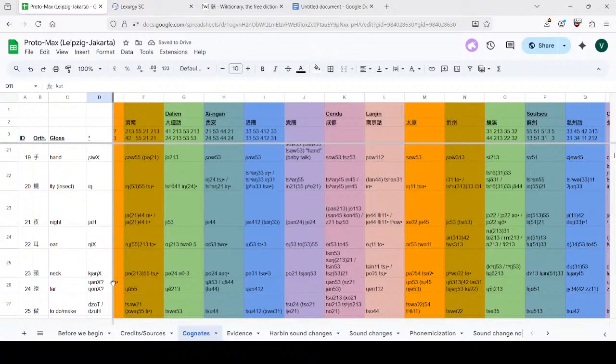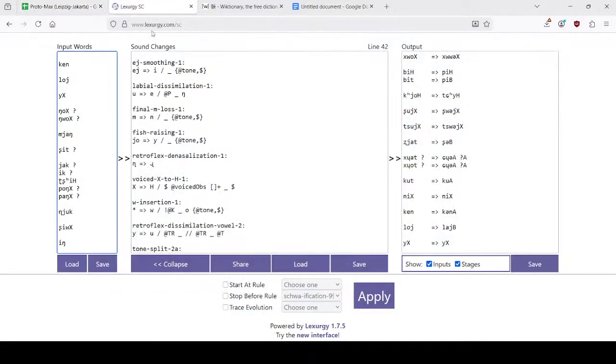And also yon, which is right before zu. So let's just do that. Replace that with yo.